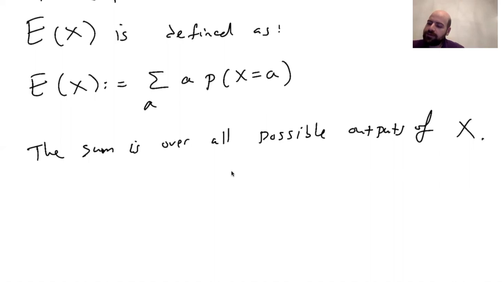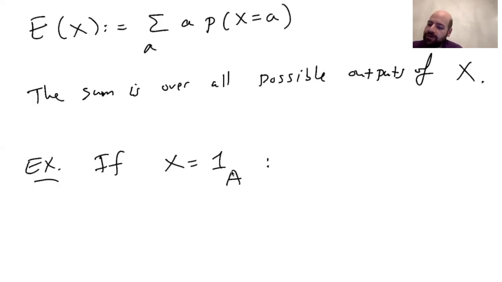So let's look at an example of expected value in the case of an indicator random variable. Example, let's say capital X equals 1 sub A. So what is the expected value of X?